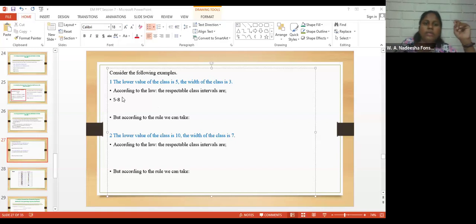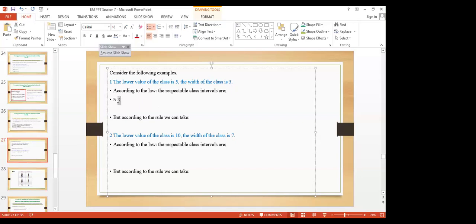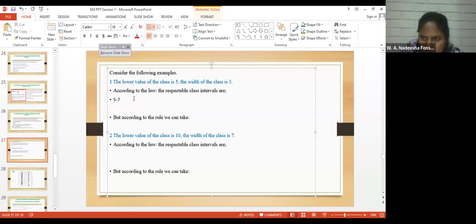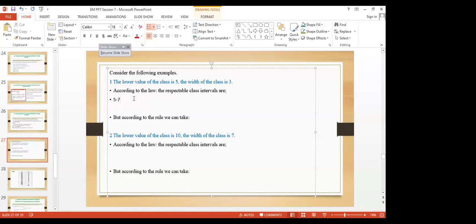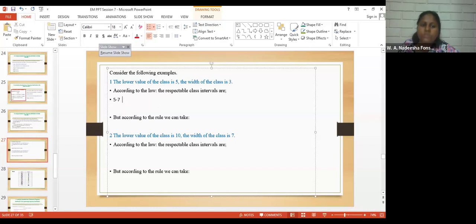If you put 8 here, 5 to 8, how do we find the class width? We subtract the lower value from the upper value and add 1. So 8 minus 5 is 3, 3 plus 1 is 4. The class width would be 4. To have the class width 3, yes, 5 to 7.